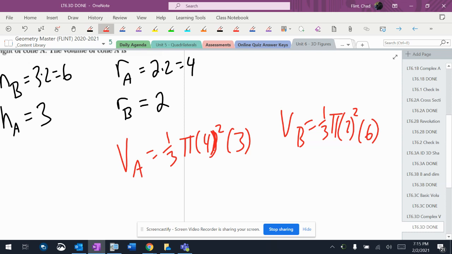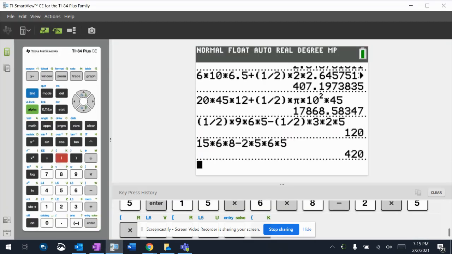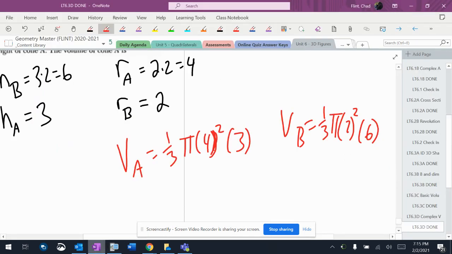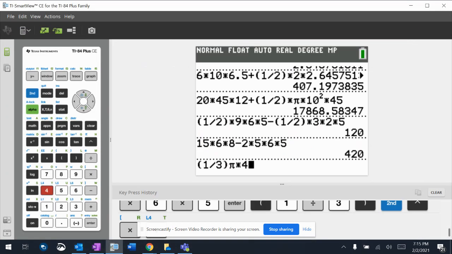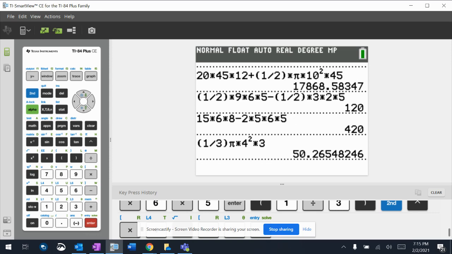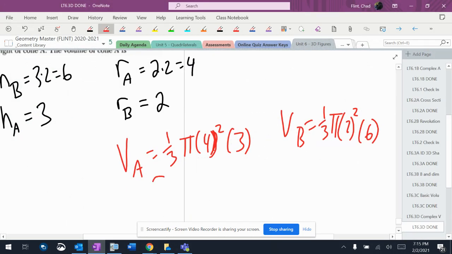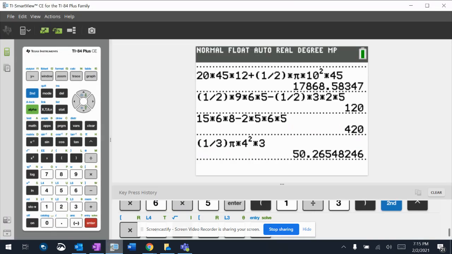So let's see. 1/3 times pi, so 1/3 pi times 4 squared times 3. It's 50.26 and so on. And then this one is 1/3 pi times 2 squared times 6.